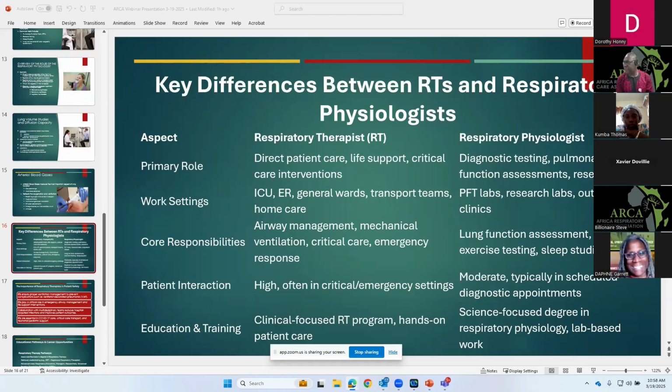Education for a respiratory physiologist is more science focused. You're looking at more physiology, and a lot of the work is done in the lab.